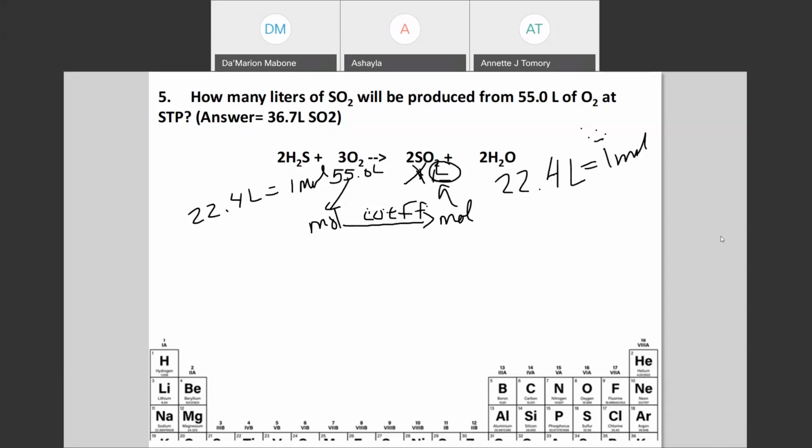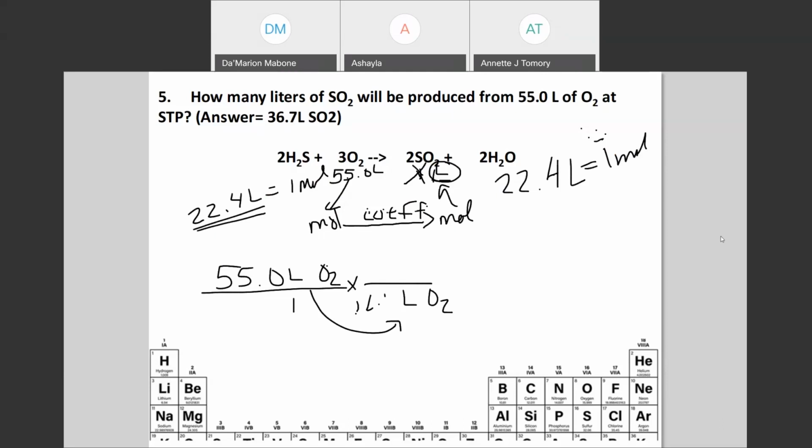So 55.0 liters of O2 go over 1. I have liters on the top. What do I put on the bottom of the next one? Liters of O2. What number goes with liters? 22.4. All right, 22.4 liters.